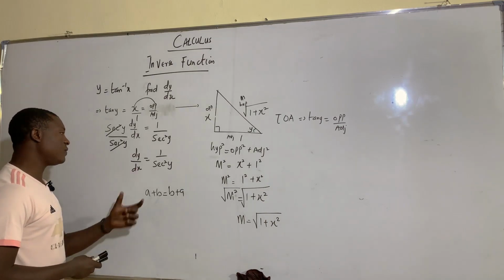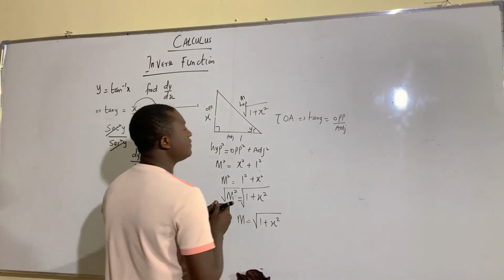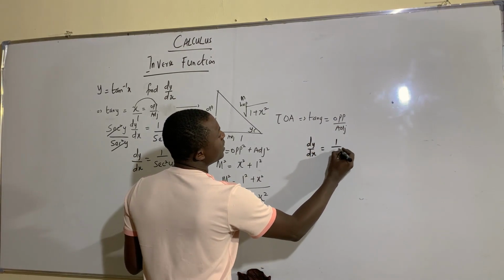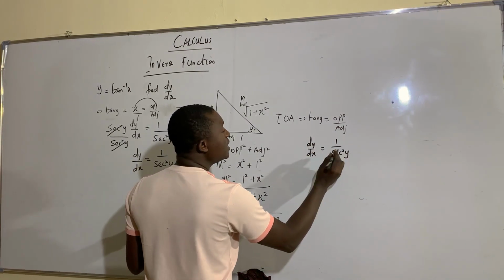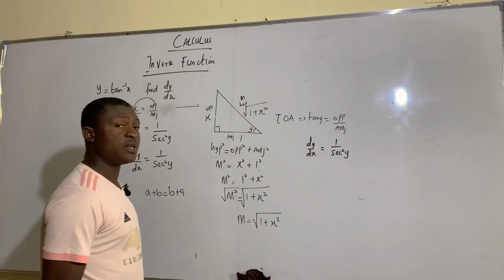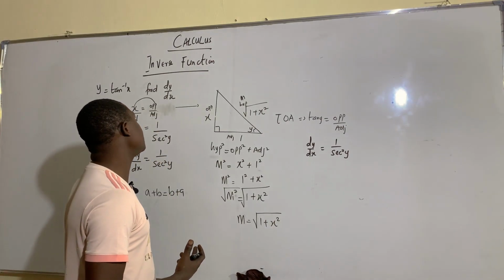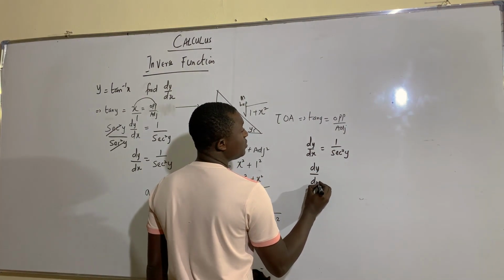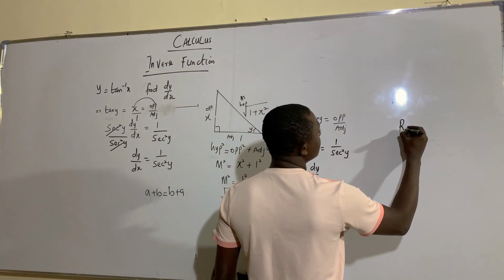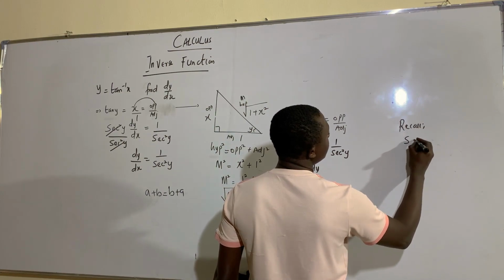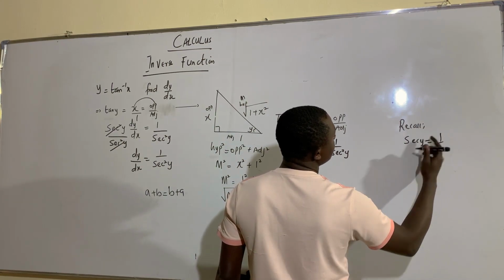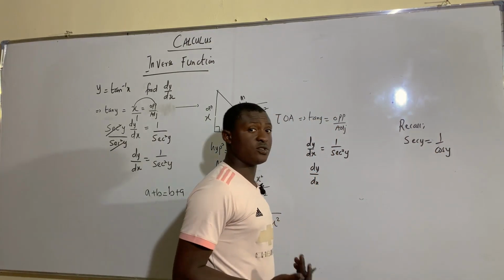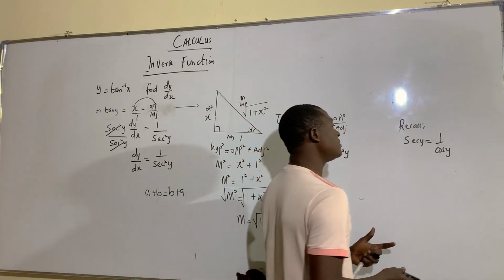Now go back to your final result, that dy/dx is equal to 1 over sec squared y. Sec is an identity I've mentioned earlier. In trigonometry, when we have sec, recall this is nothing but 1 over cos. Let's make a simple substitution.